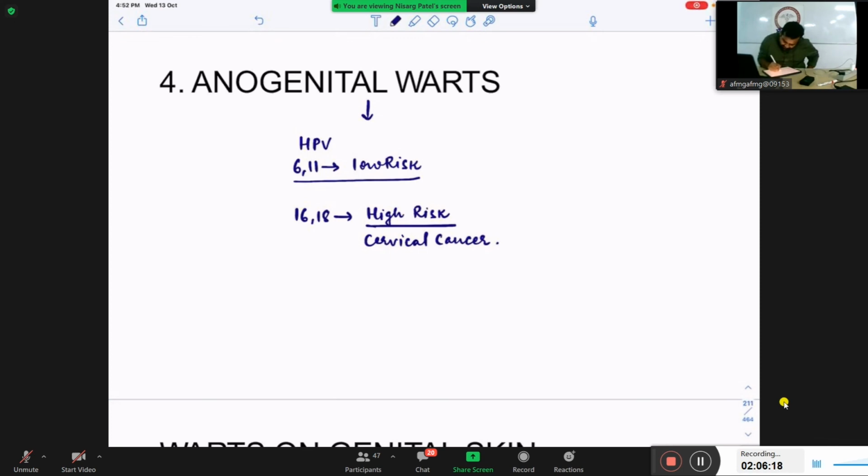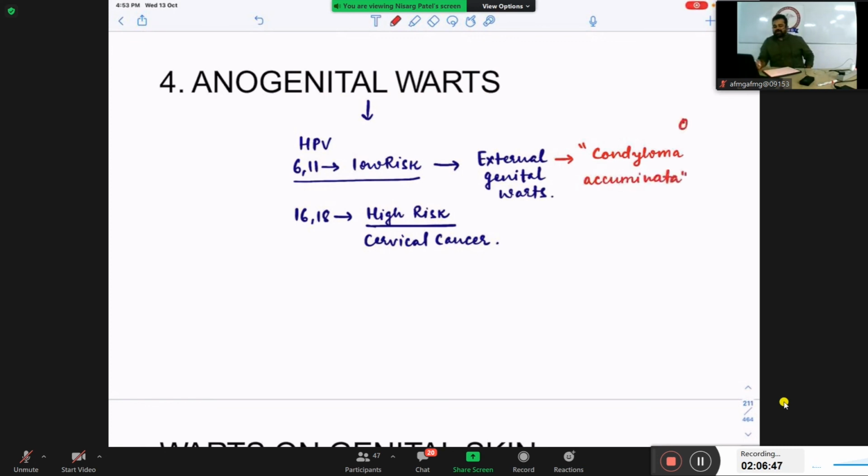And 6 and 11 will cause external genital warts, which are known as condyloma acuminata.